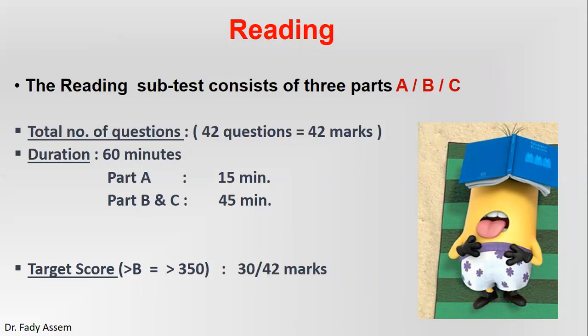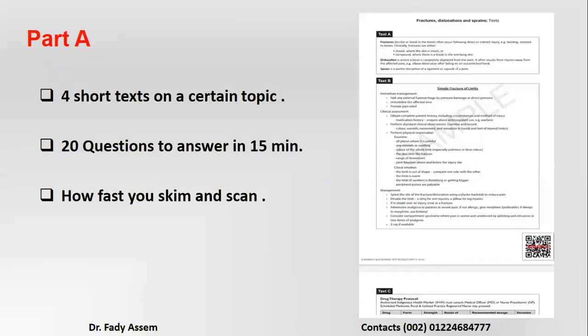So you have to answer part A in 15 minutes, and then you have to answer part B and C in 45 minutes. The target score to reach is 350 or more. To reach this score, you have to get 30 correct answers out of the 42 questions.